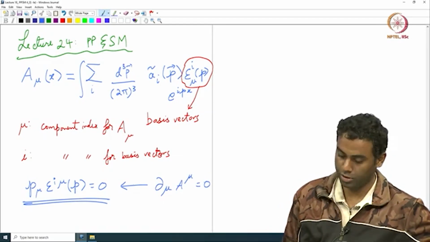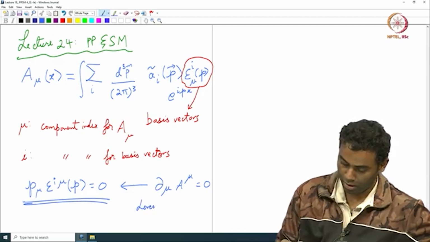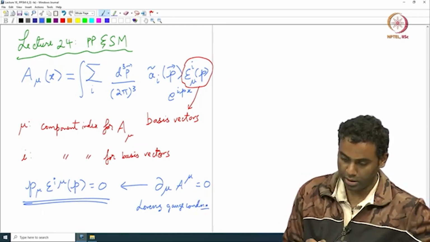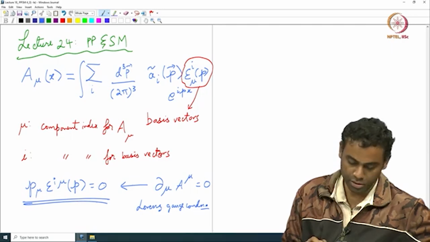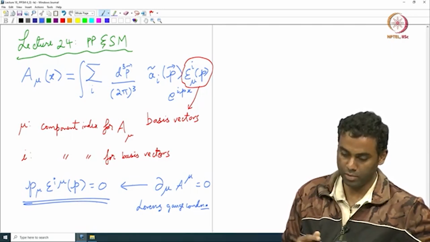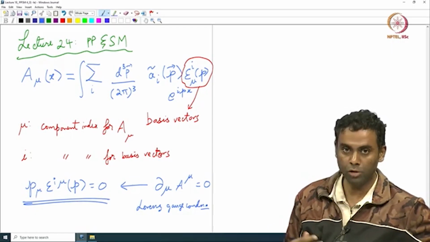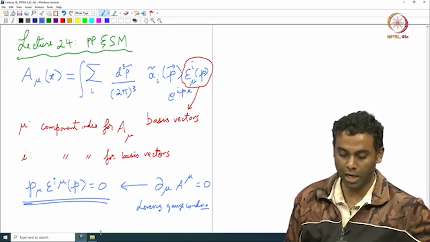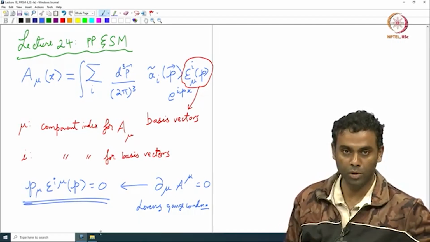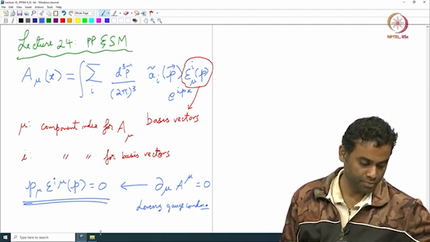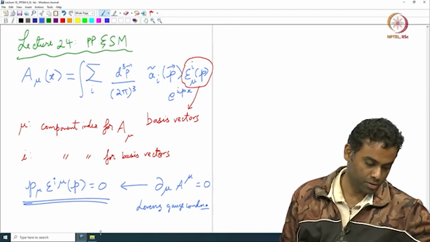We enforced this actually, right. The Lorentz gauge condition literally translates to a condition on how you contract momenta with polarizations, and that is what, you know, the basis vector is what ultimately we tend to call polarization. So it is all working out, right. All the earlier intuition we had about spin 1 particles is working out in the field theory, right. Okay, very good.